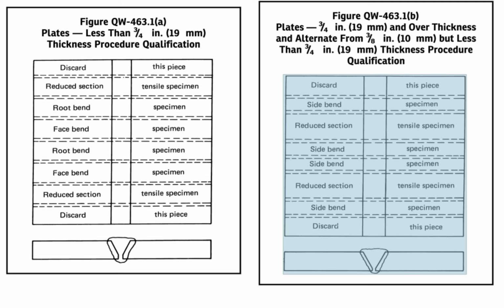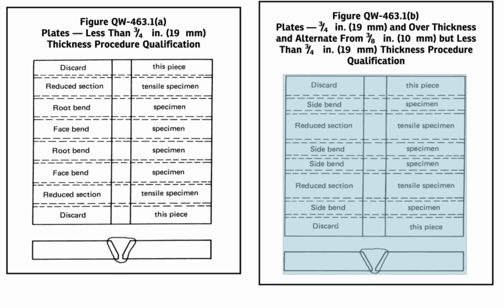So if this was the weld joint prepared, a single V, and this joint was welded, from this plate you make two reduced section tensile tests, two root bend and two face bend samples. For the thicker plates, you can take side bends from here instead of root or face bend, and reduced section tensile tests can come in between.